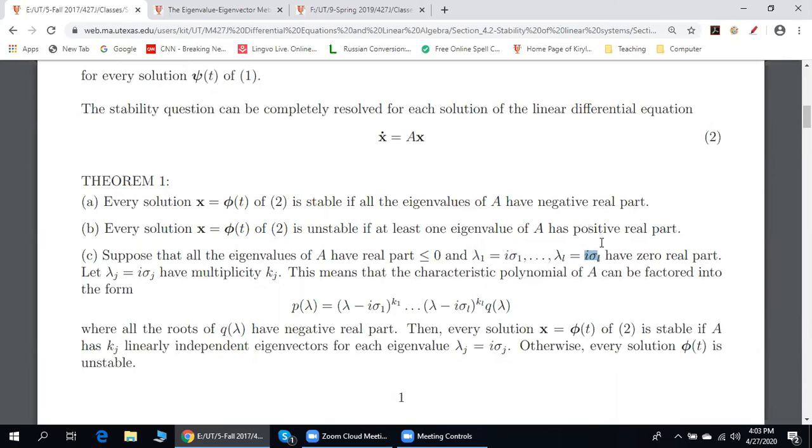Lastly, we compare dimension with multiplicity. If the dimension is the same as the multiplicity, all solutions are stable. If there is an eigenspace, the dimension of which is lesser than the multiplicity, all solutions are not stable. Did I answer the question? Yes, for the most part. And how do you find the multiplicity?